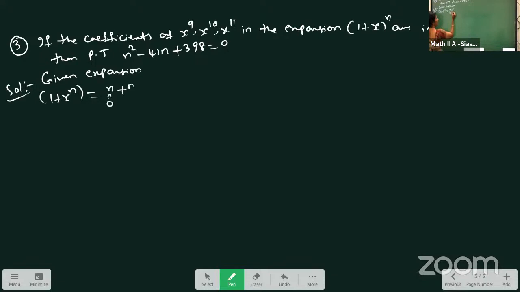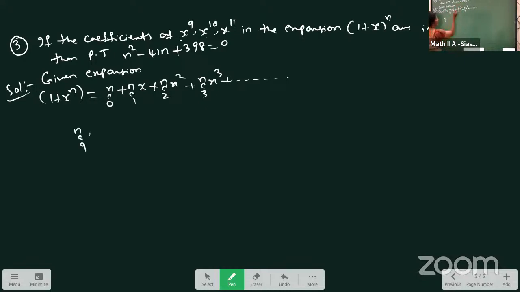NC0 plus NC1 into x plus NC2 into x square plus NC3 into x cube plus so on. Observe the expansion: x square coefficient NC2, x cube coefficient NC3. But in the question, which coefficients do we want? Coefficients of x power 9, x power 10 and x power 11. Now tell me, what is the x power 9 coefficient?